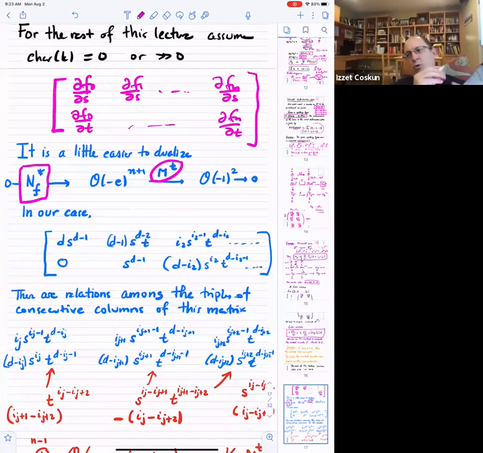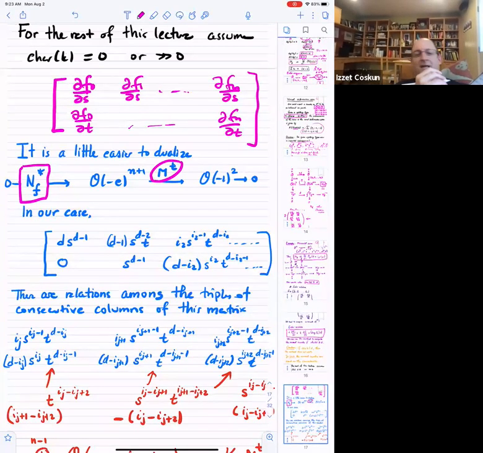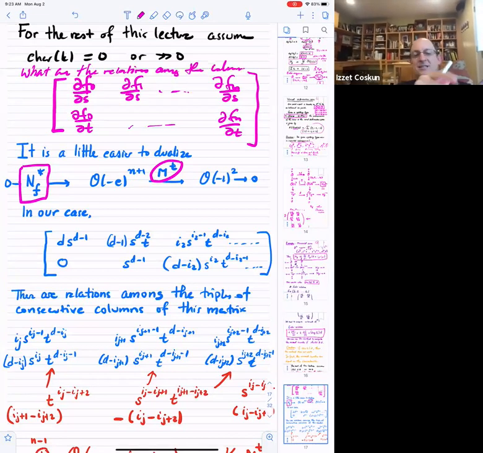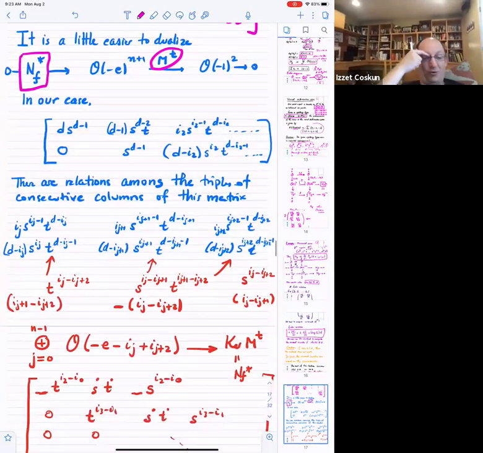That's what it means to compute the kernel of this matrix. In other words, what are the syzygies of these columns? So we can find those.